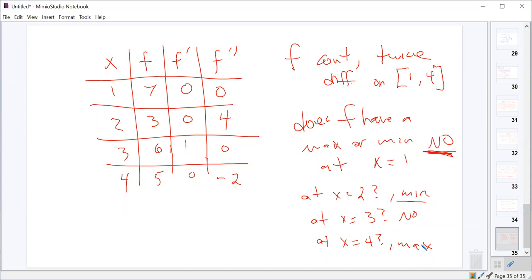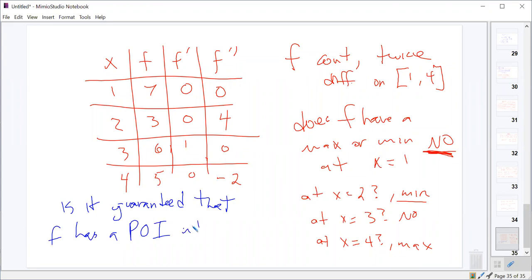Yep. All right. Now, here's the one that they like to ask that screws people over all the time. Is it guaranteed that f has a point of inflection at x equals 3? All right, so to think about a point of inflection, we look at the second derivative.